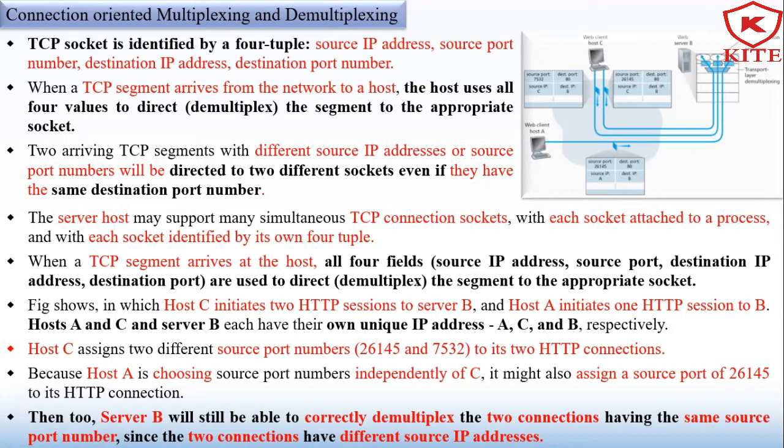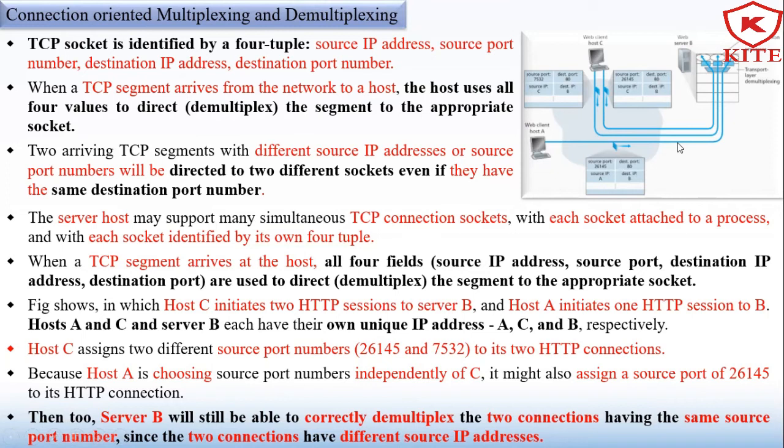When a TCP segment arrives from the network at the host, the host uses all four values to direct, or demultiplex, the segment to the socket. So two arriving TCP segments with different source IP addresses or source port numbers will be directed to different sockets, even if they have the same destination port number.